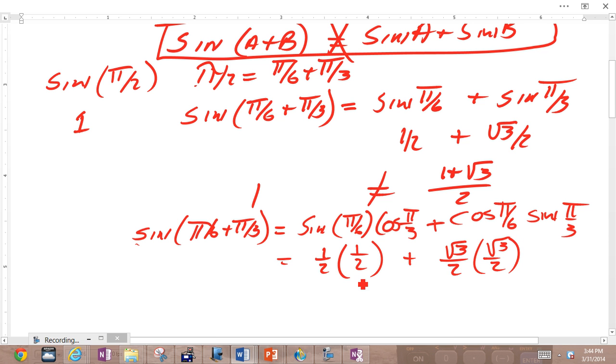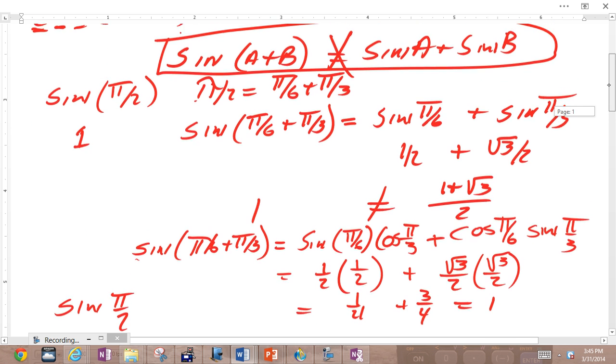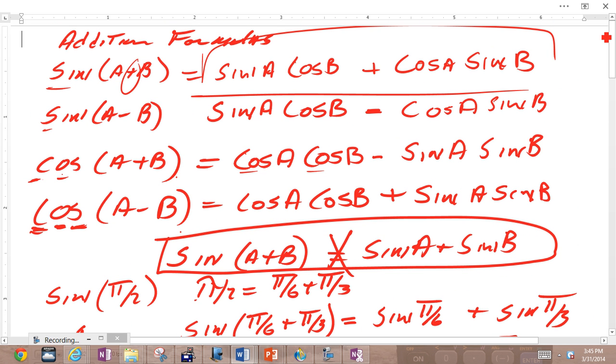Now, this gives us 1/4 and this gives us 3/4, which of course gives us 1, which is the same as the sine of pi over 2. Okay? So what we're going to do is exercises pertaining to this group of identities, the addition formulas.